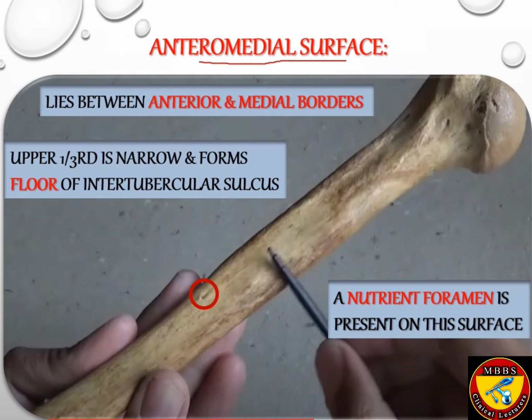Anterior medial surface lies between the anterior and medial border. Now this is the lesser tubercle and this is the anterior lip of the lesser tubercle, which forms the upper part of the medial border. This is the medial border.